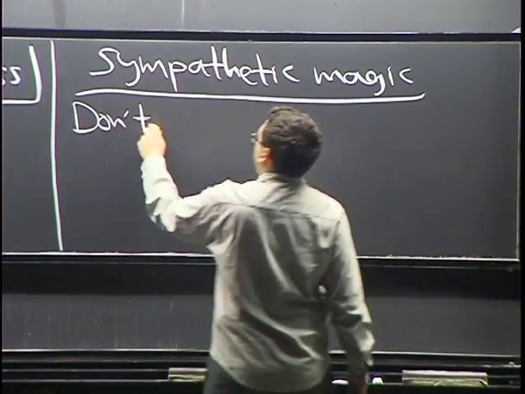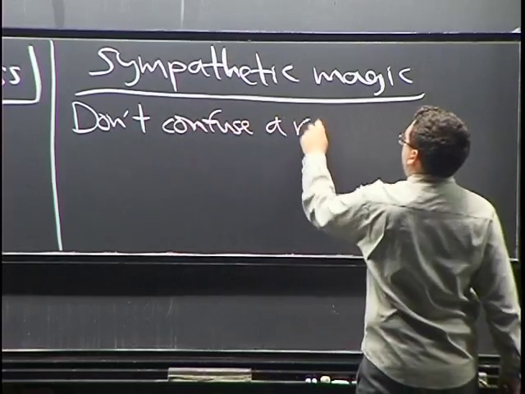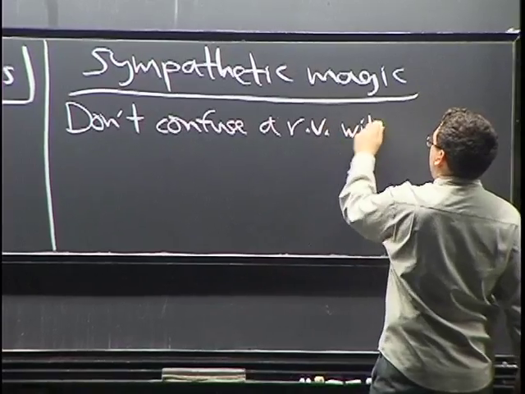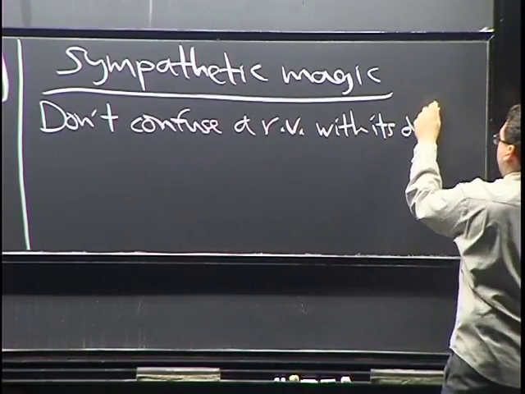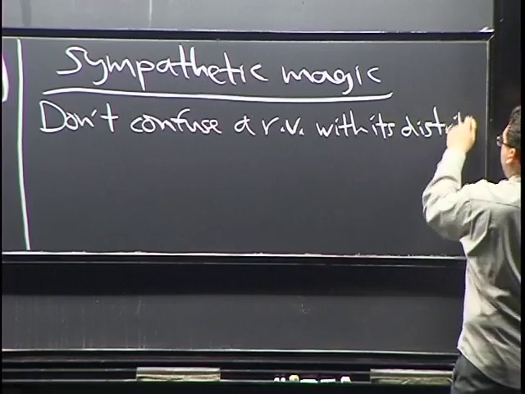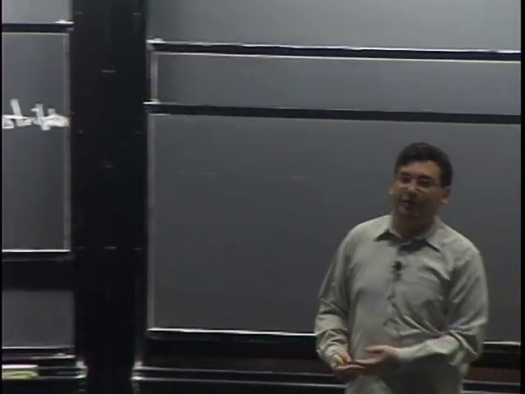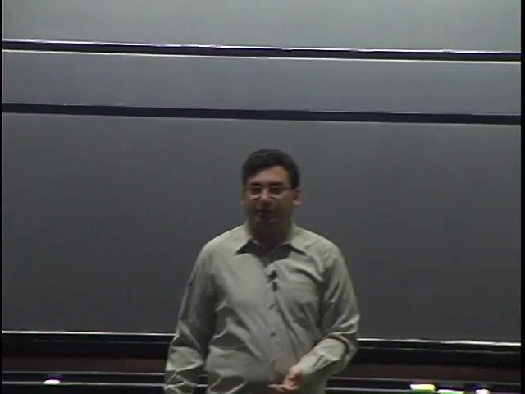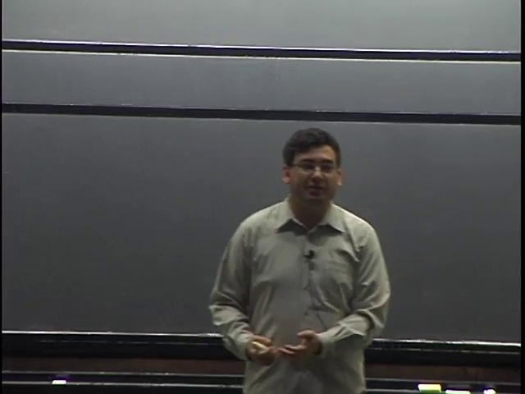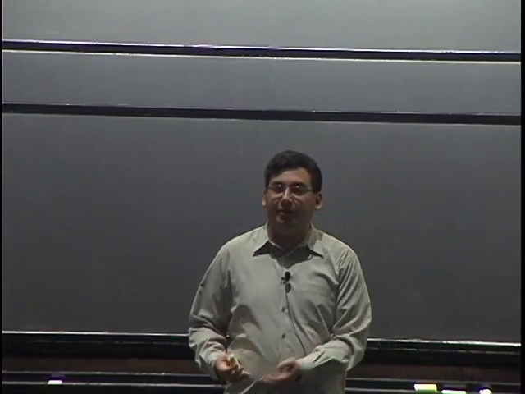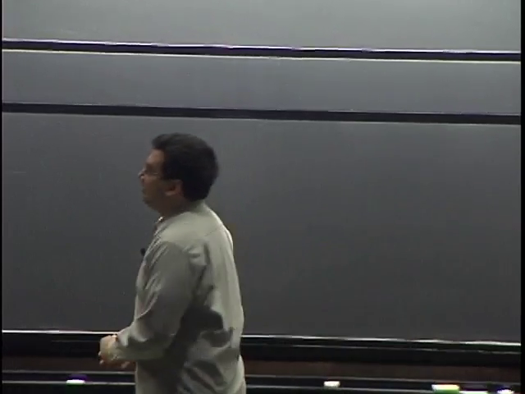An example of that that's come up on some of the homeworks is you have a sum of two random variables and just blindly saying the PMF of the sum is the sum of the PMFs or something like that. You're supposed to be adding random variables, and if you instead add PMFs, it makes no sense at all. So that's confusing the random variable with its distribution.